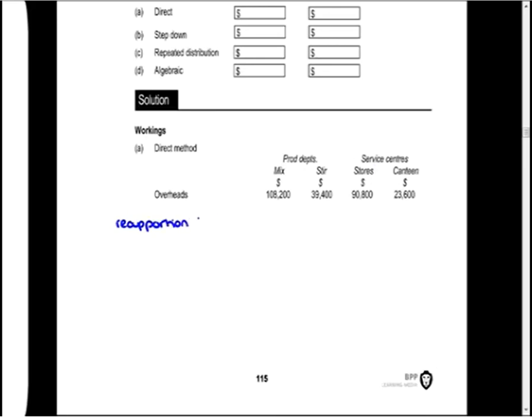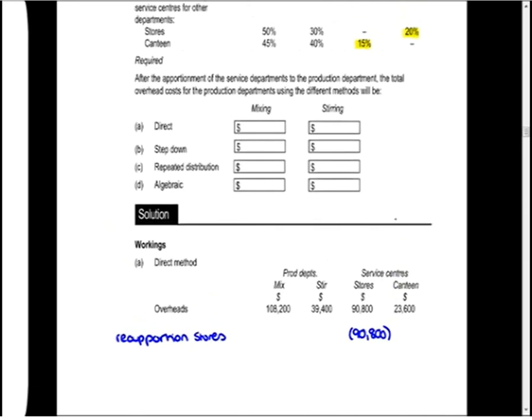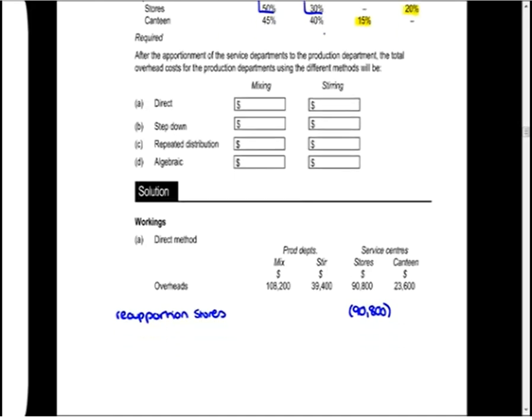So I'm going to start off by reapportioning the stores department. So I've got 90,800 to take out of the stores department. And I'm not going to split it 50-50. I'm going to split it based on the amount of work that the stores department does for the other departments. So 5/8 of the store department work is for the mixing department, so I will allocate 5/8 of the stores overheads to it.